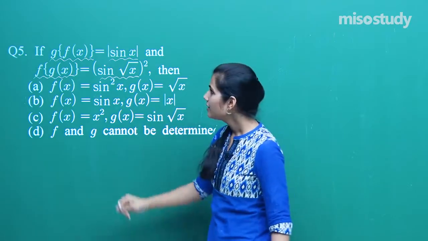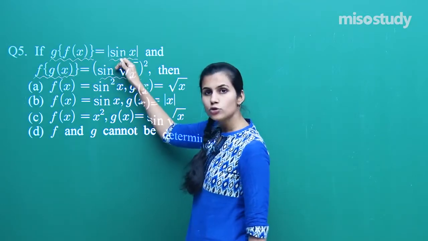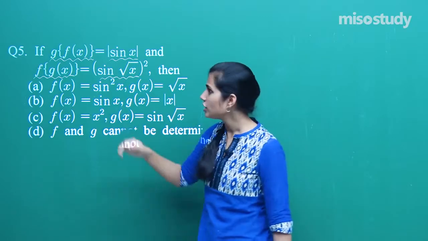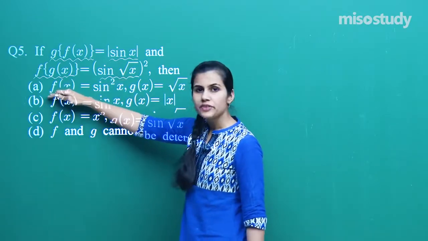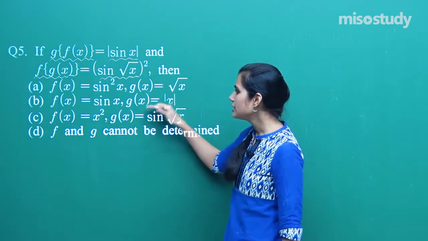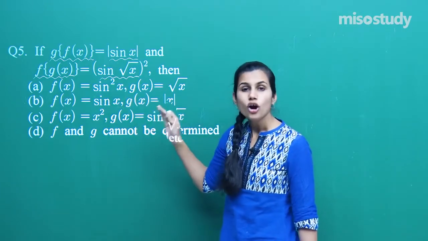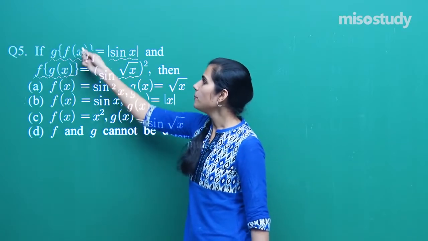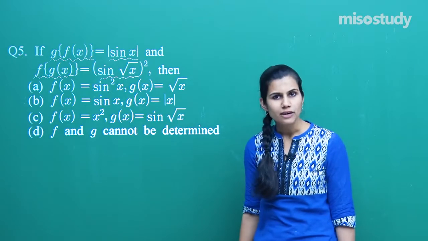And then it is saying, if GoF for some g and some f is coming out to be this and FoG for the same f and the same g is coming out to be this, then is f this and g this, or f is this and g is this? What is f and what is g is what the question is trying to say, or there are no f and no g which on getting composed give these as the results. That is what we have to see.